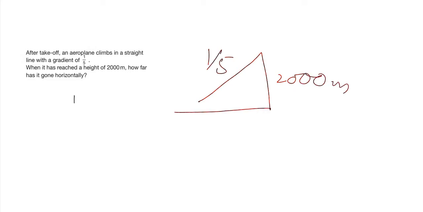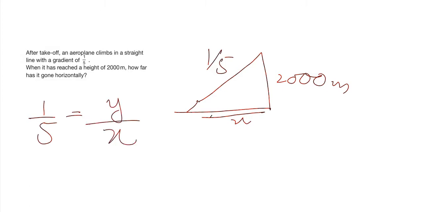So let's check out a problem related to the gradient. After takeoff, an aeroplane climbs in a straight line with this gradient. When it has reached the height of 2000 meters, how far has it gone horizontally? So we have to find the x value. You know that we have the gradient, this y, and we have to take out the x value.